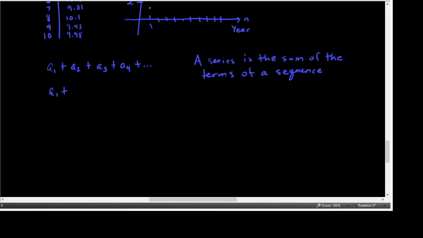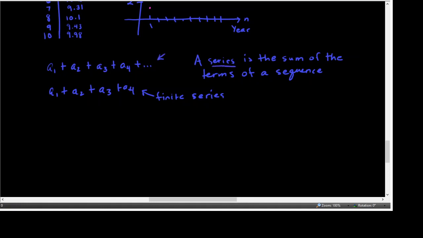And of course, if I went, say, this far and then stopped, this would be a finite series. And if I say series, generally, unless the word finite is in front of that word, I'm generally talking about an infinite series.